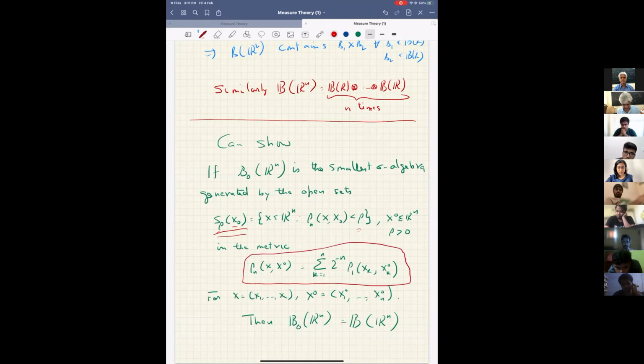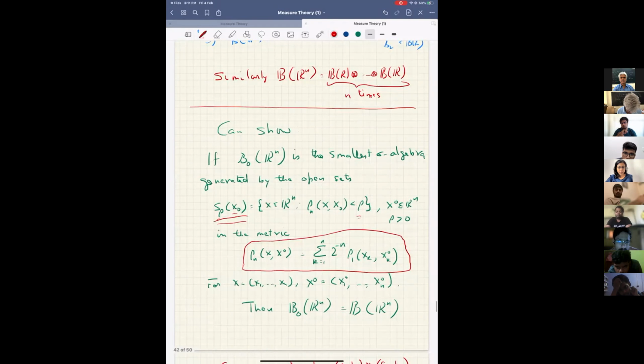It's not a uniform weighing of distance or the Euclidean L2 distance. This is going to be our rho1 distance in one dimension between xk and xk0, weighed by 2 to the power minus k, for k equal to 1 to n.